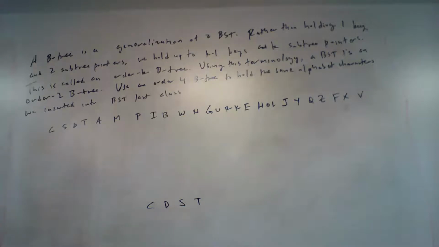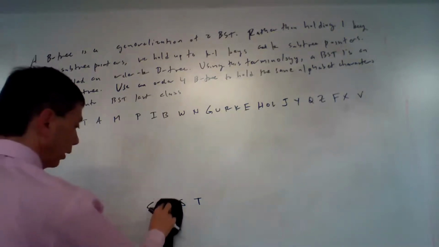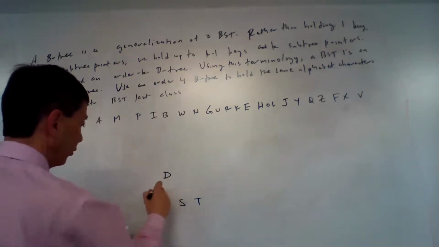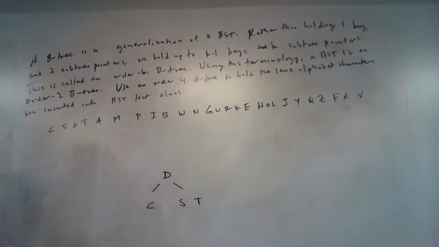And I have 2 choices for median because there's an even number of values here. I could use D or I could use S. And based on what I'm looking at in my notes, I'm pretty sure that I'm going to use the left median as opposed to the right median. Okay. So D would promote, and then you can see you get 2 subtrees, right?